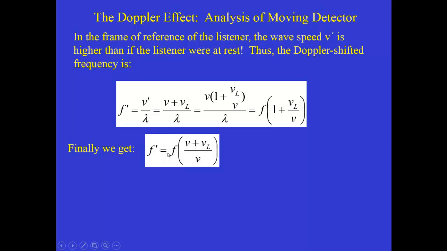F prime is equal to f times v plus vl over v. vl is the listener velocity, v again is the wave velocity. If it were sound, we would use the appropriate value for the speed of sound. And we see again in this equation that f prime is greater than f because the fraction is greater than 1. Alright, so now we've got an equation for the source moving towards the listener and the listener moving towards the source.